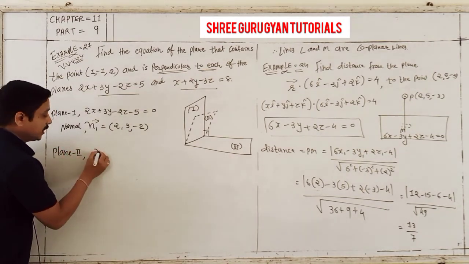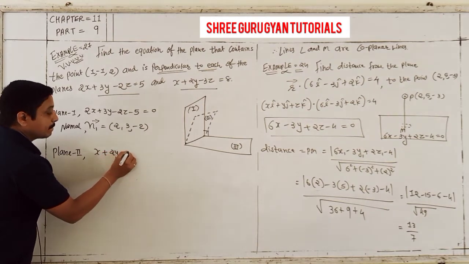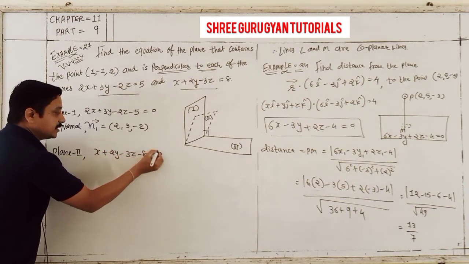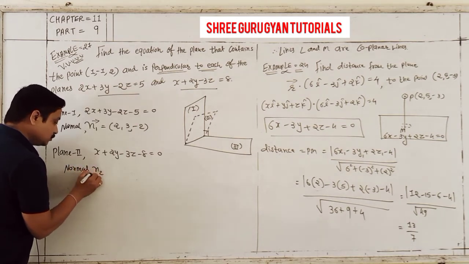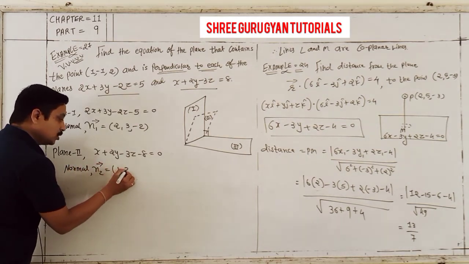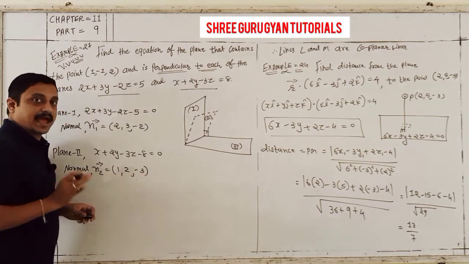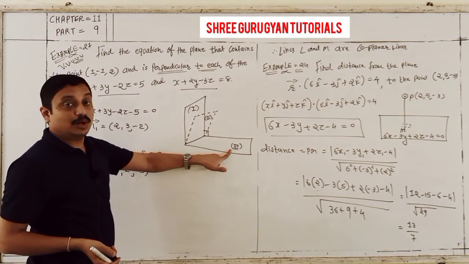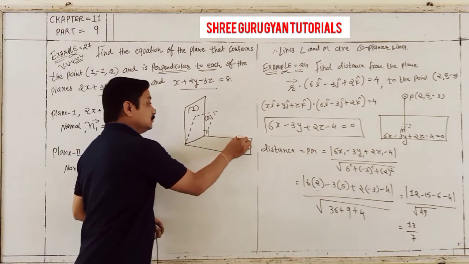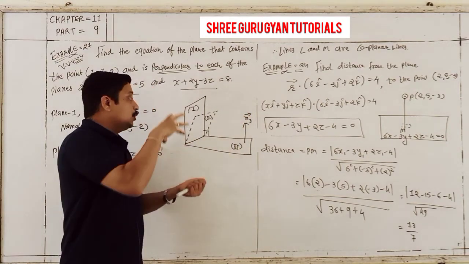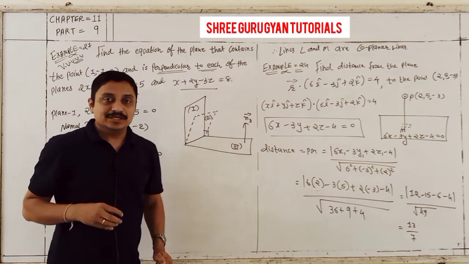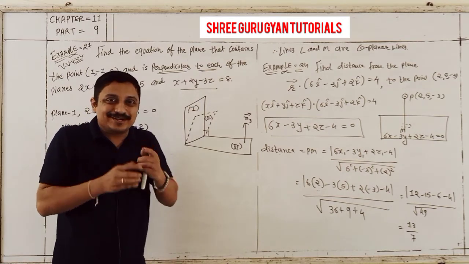We have plane 2: x plus 2y minus 3z minus 8, and here normal n2 is 1, 2, minus 3. I want the normal of the third plane, which is n3, perpendicular to plane 1 and plane 2. It is simple, take the cross product.